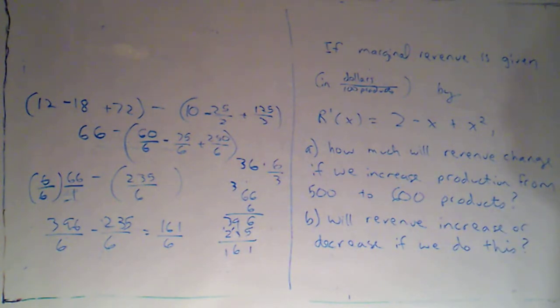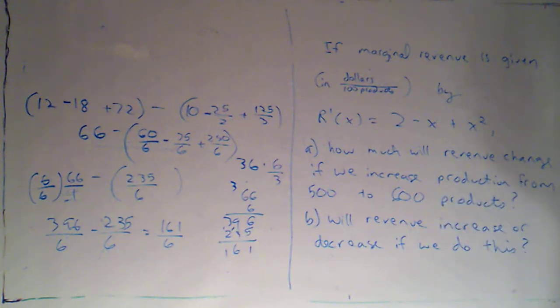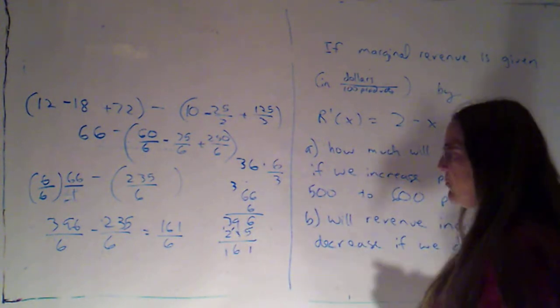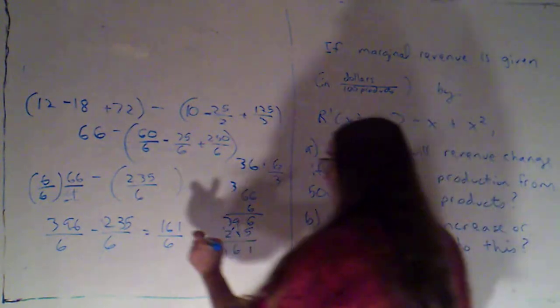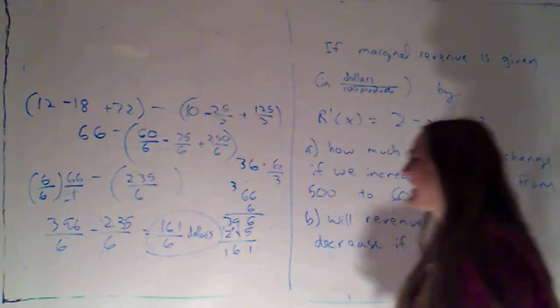So that was the answer that we got here. How much will the revenue change if we increase production from 500 to 600 products? And revenue we were measuring in dollars, so it would change by 161 sixths of a dollar. So that's dollars. Okay.